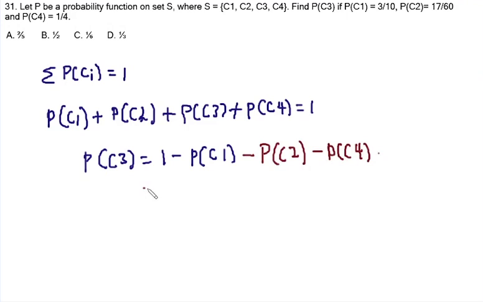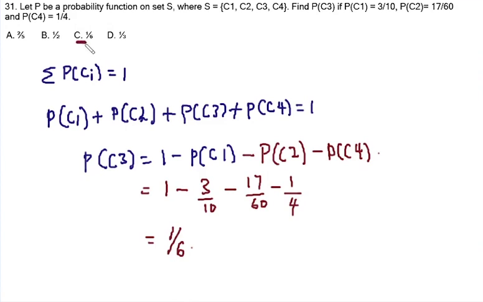So this is simply 1 minus 3 over 10, minus 17 over 60, and then minus 1 over 4. If you substitute all of this, you should get 1 over 6. So the answer is simply C.